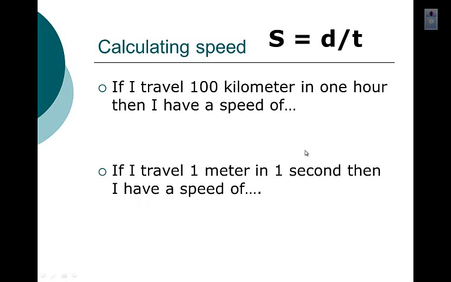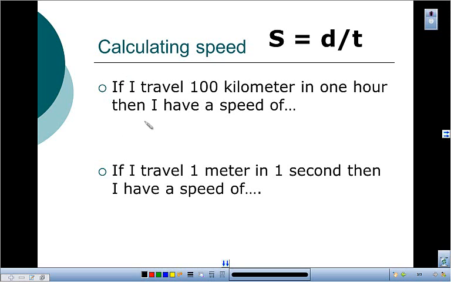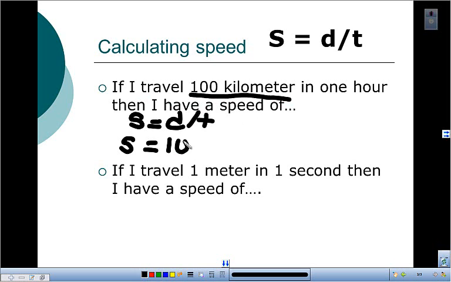So if we are calculating speed, if I travel 100 kilometers in 1 hour, then I have a speed of what? Well, if I write down my speed formula, I have speed equals distance divided by time. I have speed equals my distance. I travel 100 kilometers, so that's 100 kilometers divided by my time, which is 1 hour.